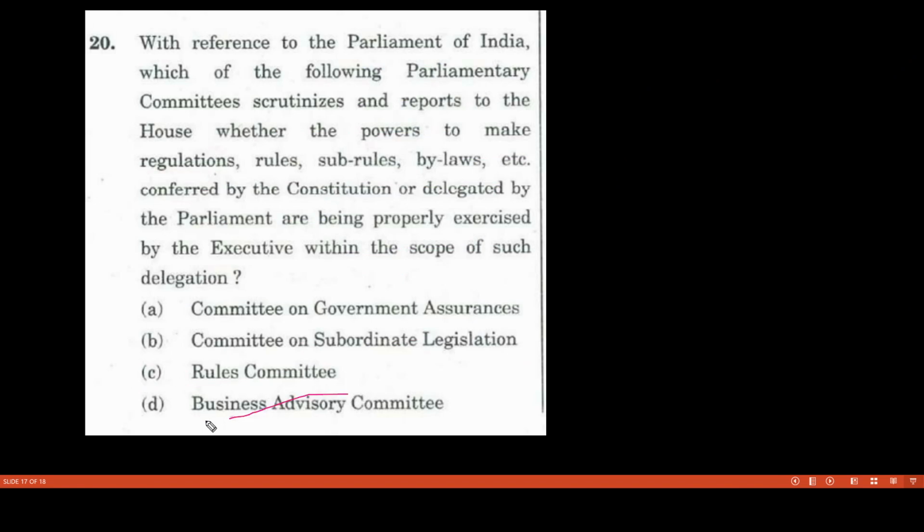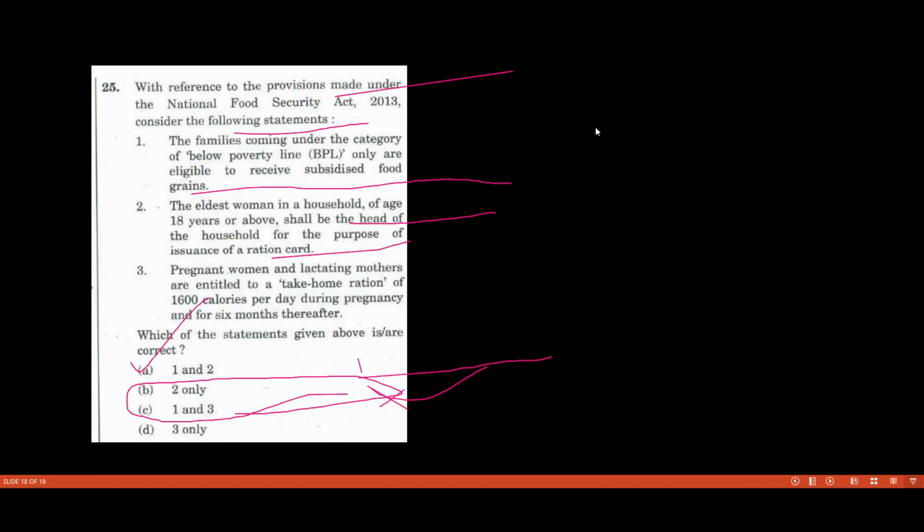But what is the Rules Committee for? It is for the rules of procedure in Parliament. Since this question repeatedly names parliamentary committees, you definitely need not go with the Rules Committee. Go with the Committee on Subordinate Legislation. Underline the words rules, sub-rules, bylaws, conferred by the constitution or delegated by the parliament, properly exercised, and you will know it is the Committee on Subordinate Legislation. All right, so this is how you answer this question.